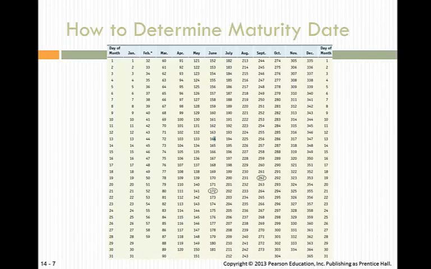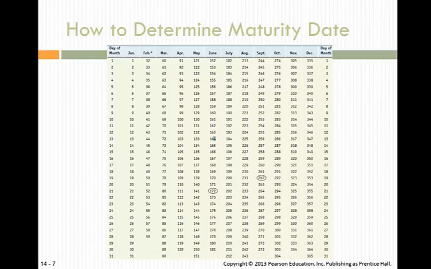Now let's use the same example, but use the table on page 522 to find the maturity date instead of a calendar. The first step is to locate the table number that corresponds to the issue date of June 21st. Find June at the top of the table and 21 in the column to the left. Note the number where the two intersect, which is 172.